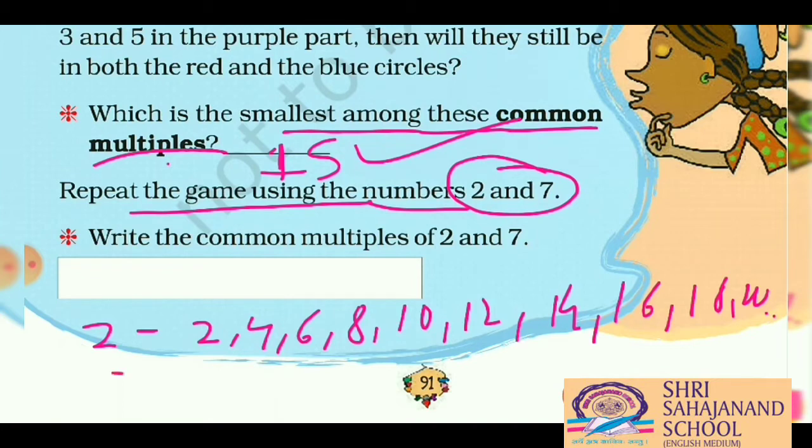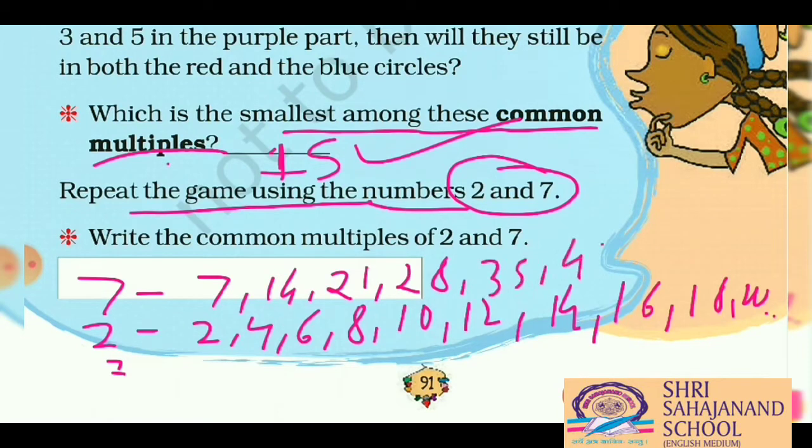Next number is 7. So let me write here 7. 7 1 is just 7, then 7 2 is 14, 21, 28, 35, 42, 49, and many more. So here you can check which numbers are common in these lines. You can check that 14 is common in both.